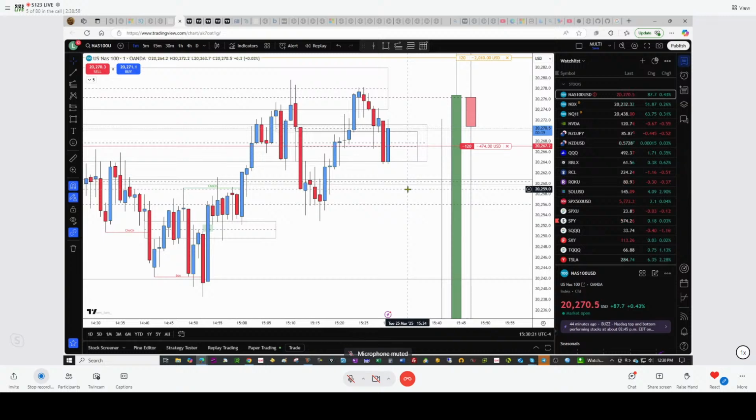Keep us going down here. A big drop here. Half an hour to go in the day. It still can take that high out.